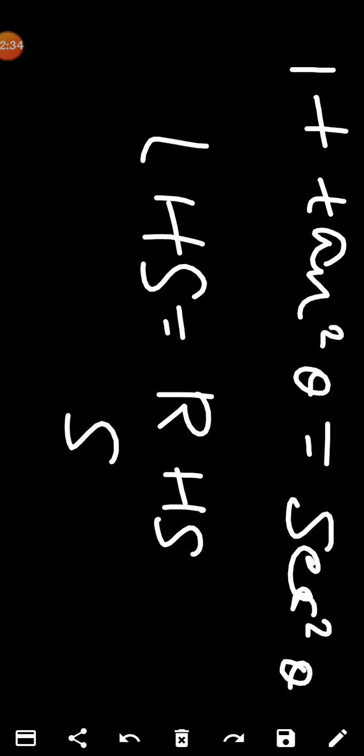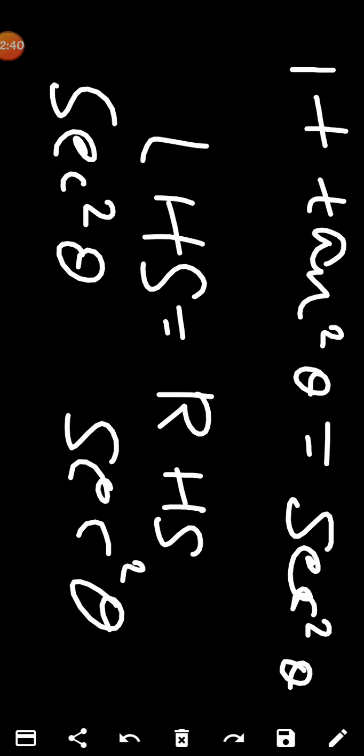Our RHS is secant square theta, so we need to somehow bring secant square theta on the left hand side also, so that both of them are equal. So 1 plus tan square theta is our left hand side, which is equal to secant square theta, which is our right hand side.